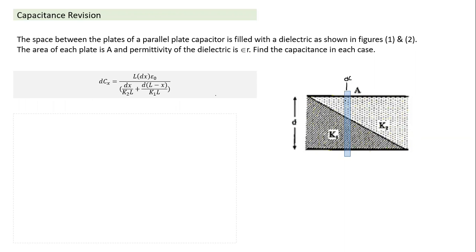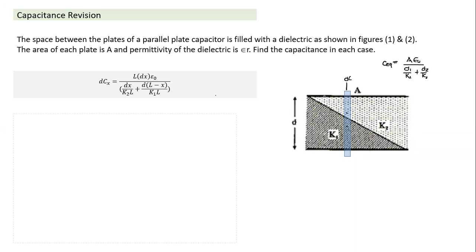This piece has two dielectric mediums, and when the thickness is shared between the two, the equivalent capacitance is A epsilon naught divided by D1 by K1 plus D2 by K2. So I'll use that formula.